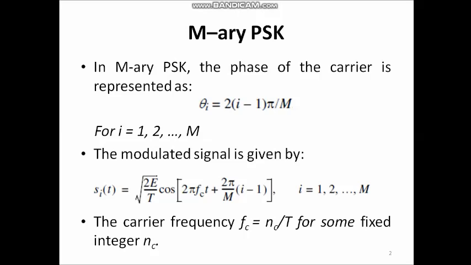So, from this, can you find the orthonormal basis functions that are required for the signal representation? How many orthonormal basis functions are required? Just look at the equation there.